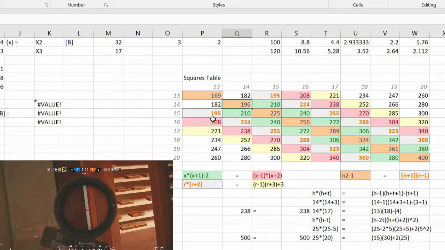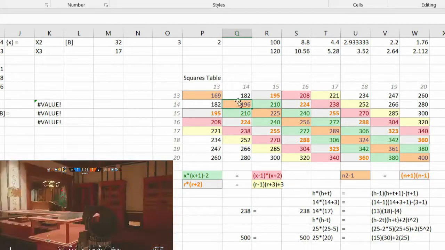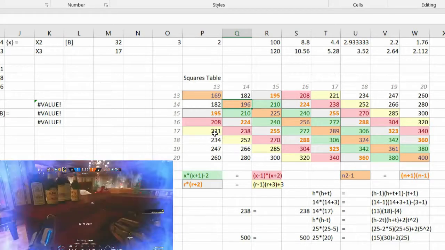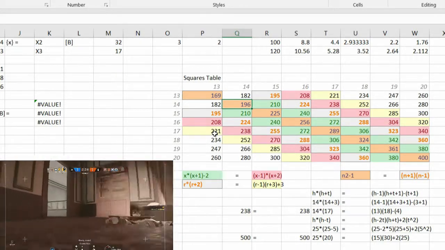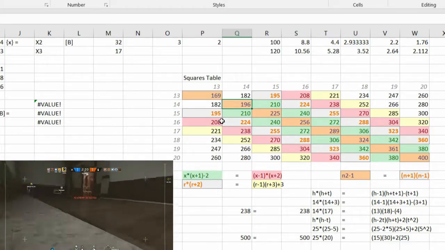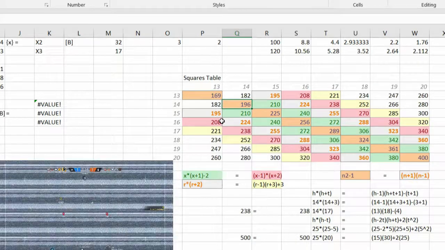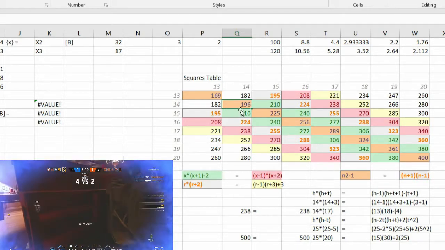The difference between 15 and 14 is 1. So when you have 16, which is 1 more, and 13, which is a difference of 2 from 15, you have 208. If you add 1 squared, which is 1, plus 2, you get 210.